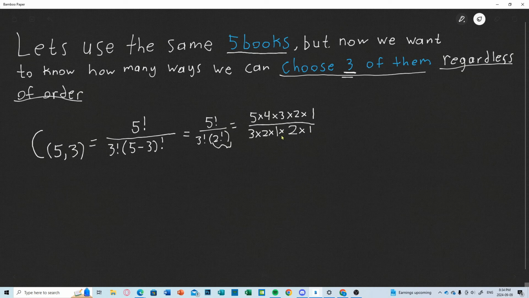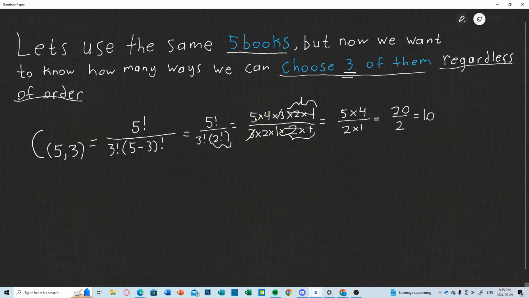And as you see, we have this occurring once in the numerator and once in the denominator, so I'm just going to cancel them out, and we see that our 3's are here too, so we could cancel out a 3. And now we're just left with 5 multiplied by 4 divided by 2 multiplied by 1, which will give you 20 divided by 2, which will give you 10.